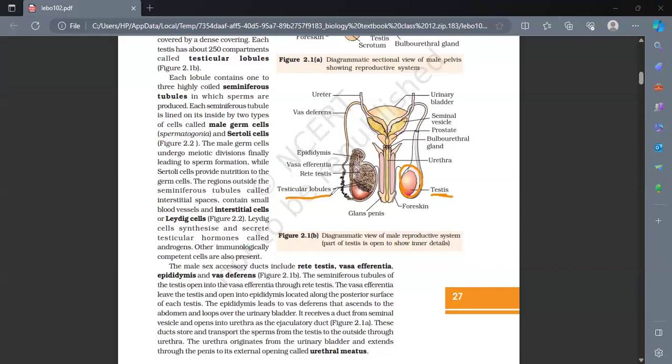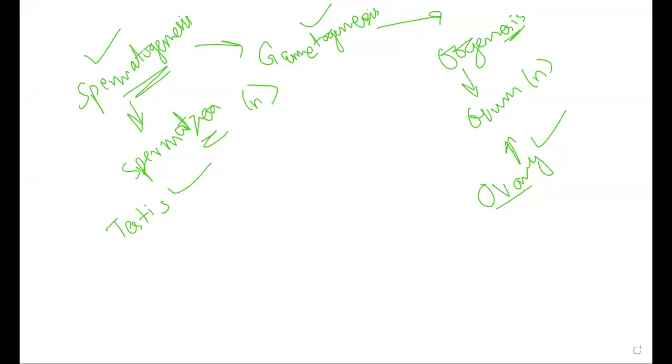The seminiferous tubules have two types of cells. Again, I'll share my whiteboard with you so you can understand more clearly. We are talking about the testes.